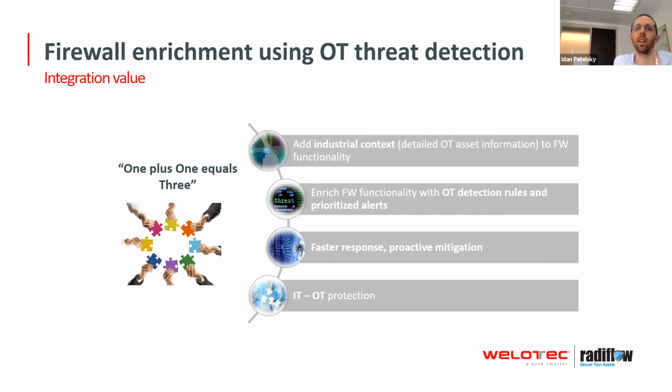And lastly, and this is very important, we get this unique IT/OT protection, which is very crucial, especially at the perimeter of our substation, allowing us to really control our OT network. So all of this unique value enables us to get the unique equation of 1 + 1, which gives us the 3.